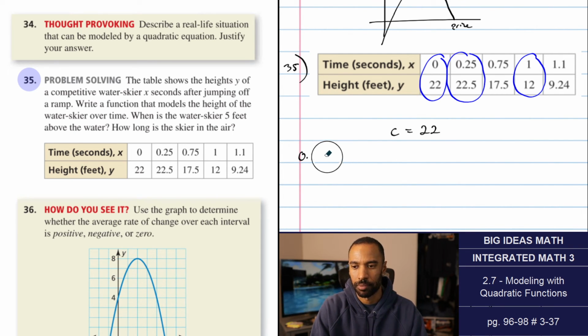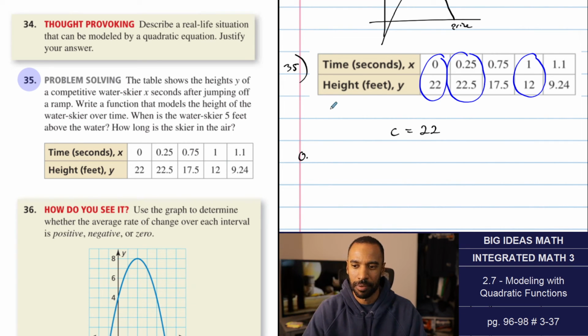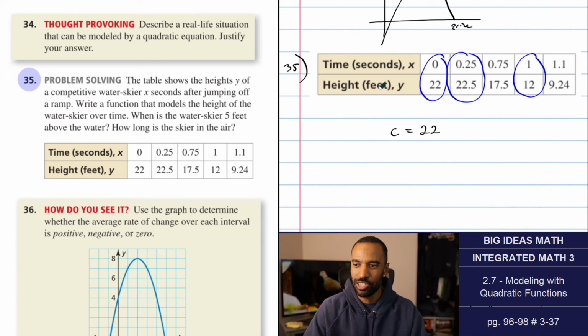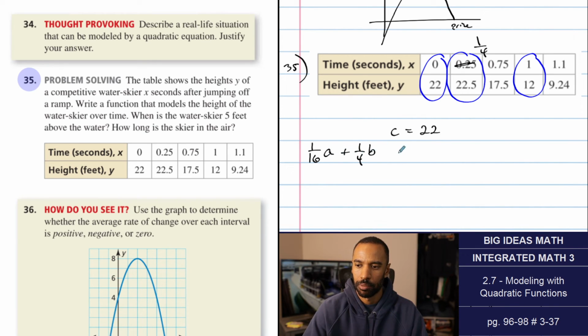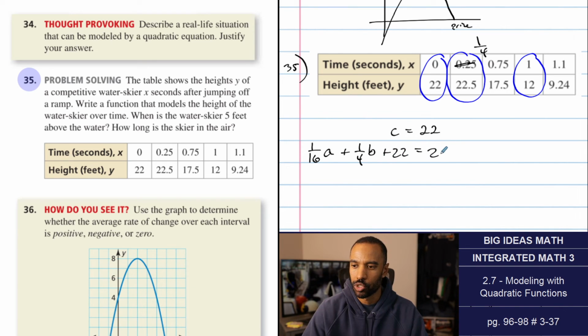See, I didn't want to mess up, so I'd rather use the fractions. This is 1/4, and 1/4 squared is 1/16. So 1/16 times A plus 1/4 times B plus C, 22, equals 22.5.